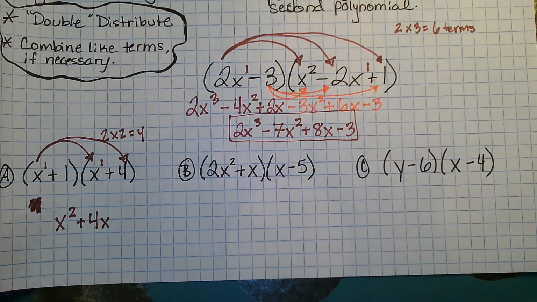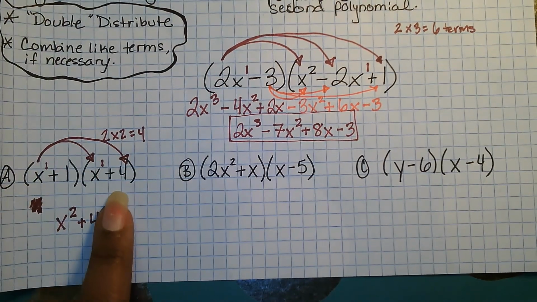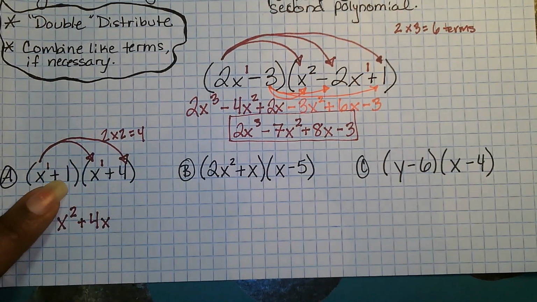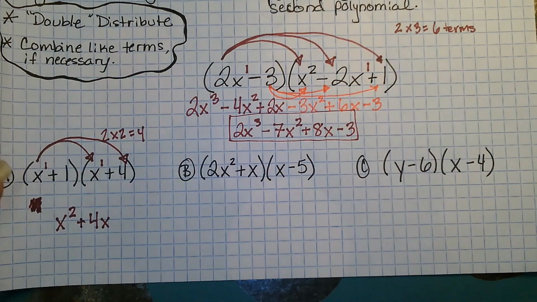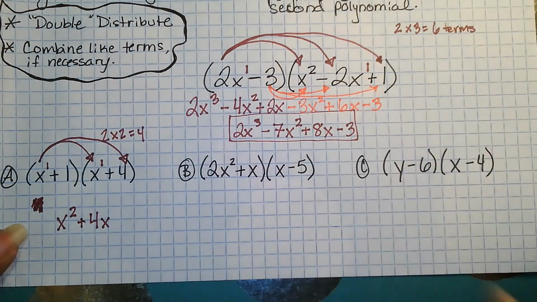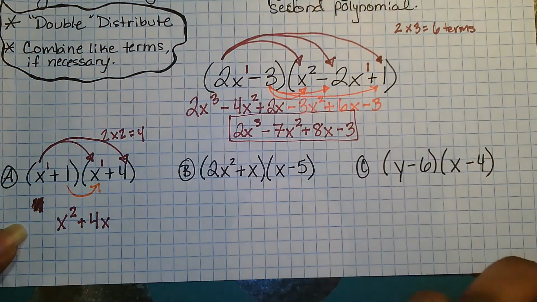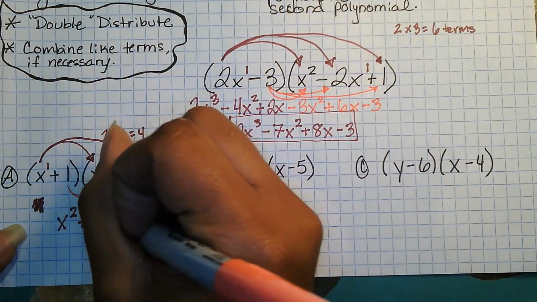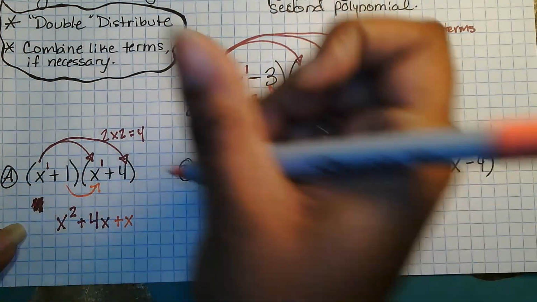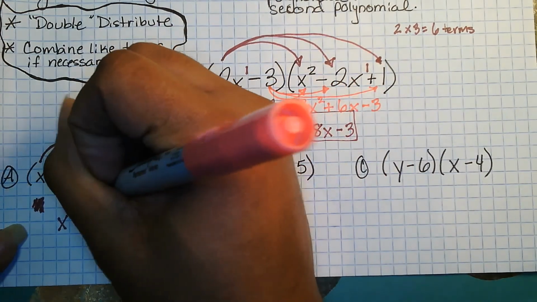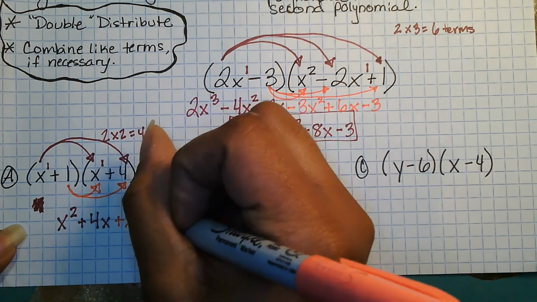So now that we've multiplied the x to everything in the second parentheses, now we need to focus on multiplying the 1 to everything in the second parentheses. So we're going to do 1 times x, which is just positive x. And we're going to do 1 times 4, which gives us plus 4.